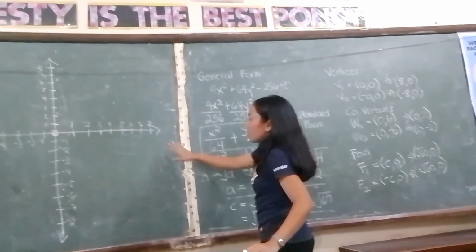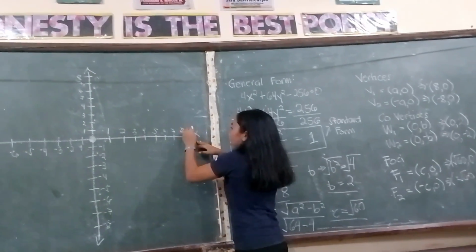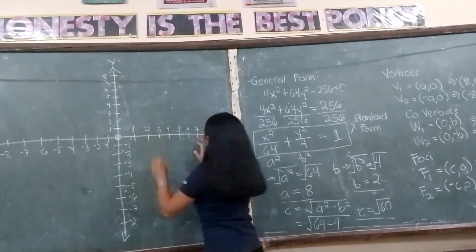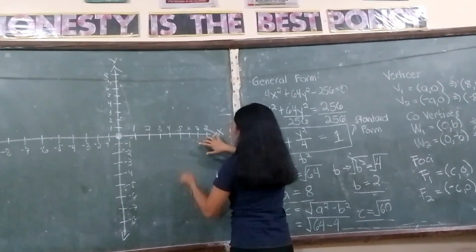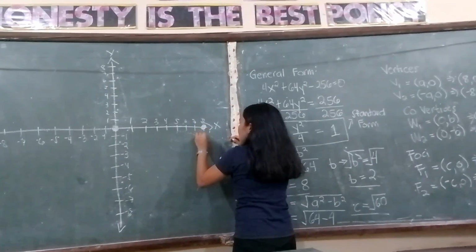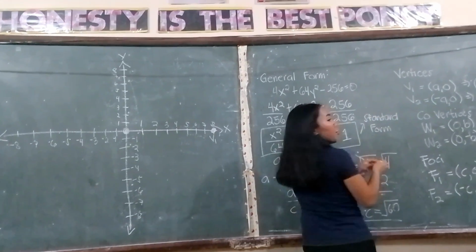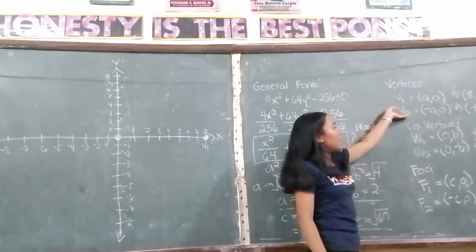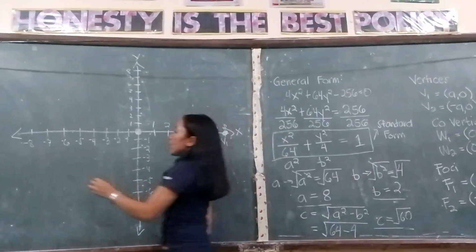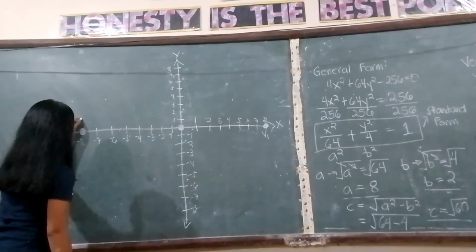So we have here the x-axis, which is 8, and the y-axis 0. Okay, so we have here our V sub 1. For our V sub 2, we have negative 8 and 0. So this is our V sub 2.